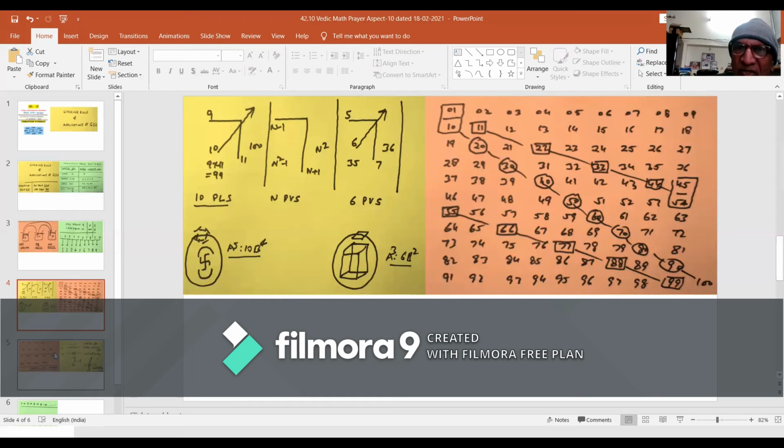And the other numbers like 12 and 21, 13 and 31, 14 and 41, 23 and 32, 15, 51, 24, 42, 16, 61, 25, 52, 34, 43, 1771, 2662, 2552 are 16 in number.